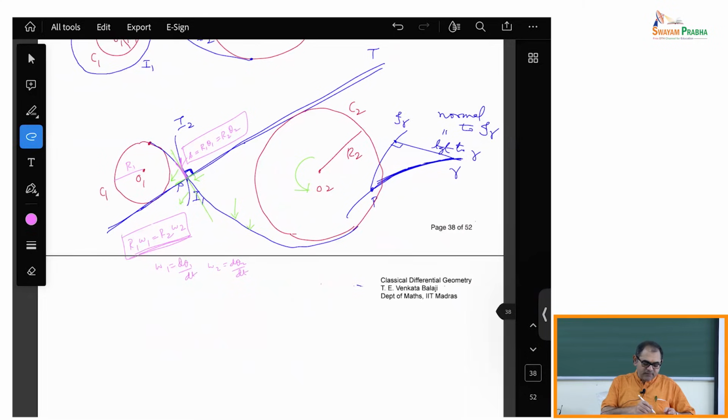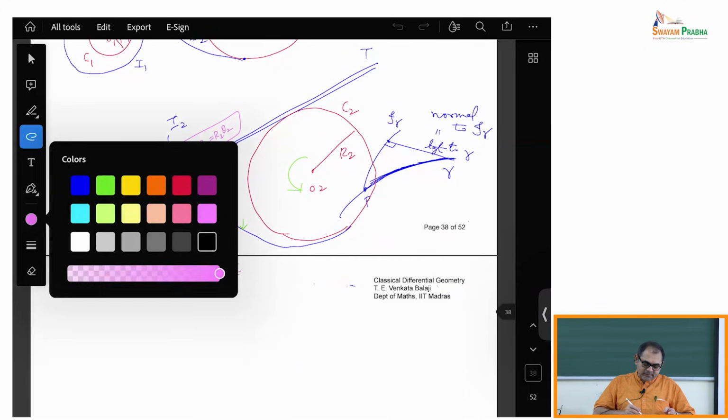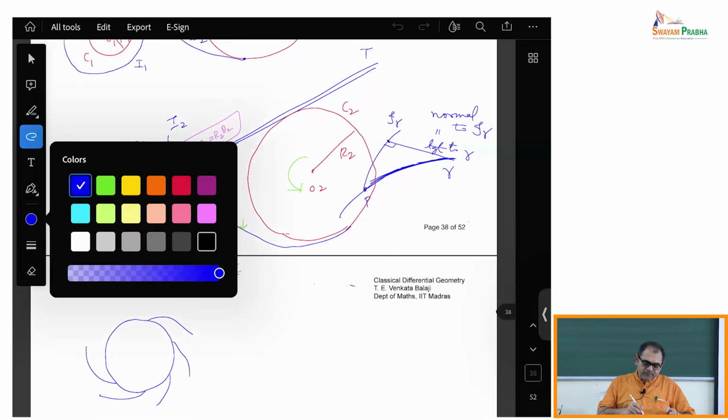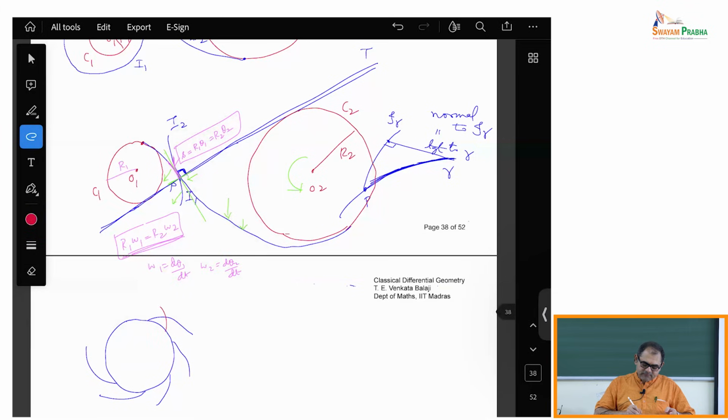All right, and the way all this is put to use is the following. This is the part that engineers do. You take a circle like this, and then you start drawing spiral involutes. Then you draw involutes in the other direction. So you start drawing things like this.